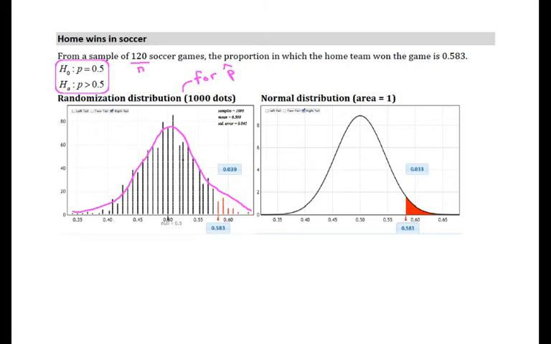What we do to get that normal distribution is we take the mean from our randomization distribution, or we take the mean that it should have been, right? This one is centered very close to 0.5, but it should end up being centered at the null parameter, which we'd call p naught equals 0.5. And we make our normal distribution also be centered at 0.5.